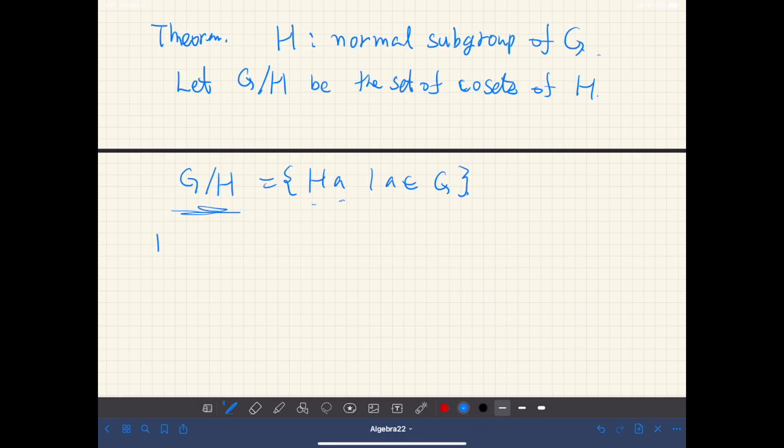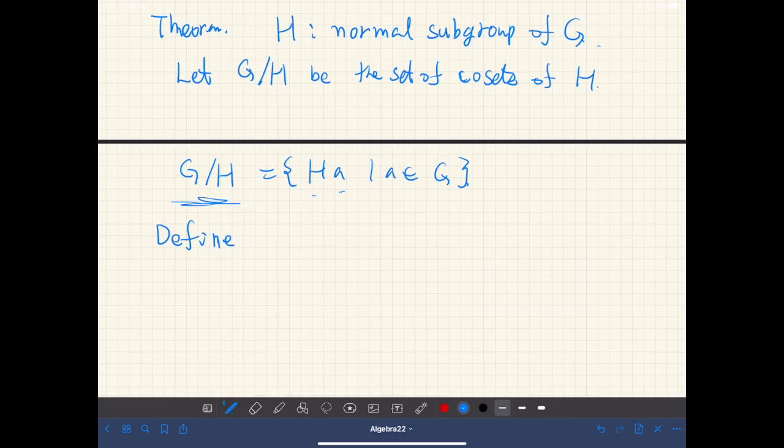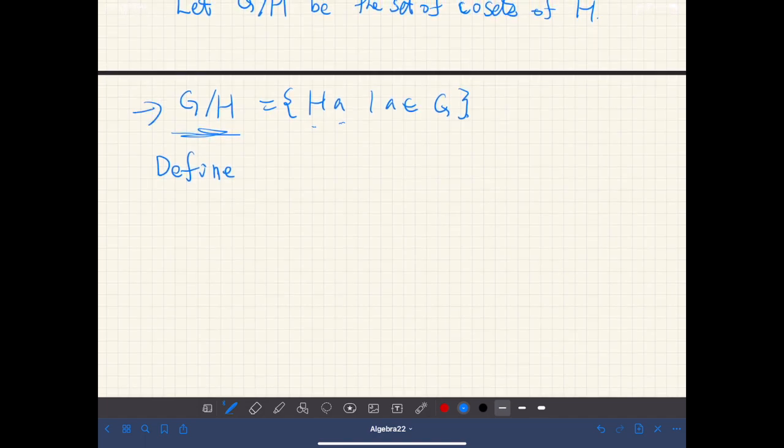Then let's define the binary operator within this set by the following. So Ha times Hb. So these are elements of G by H, of course. So we define this binary operation by this Hab.